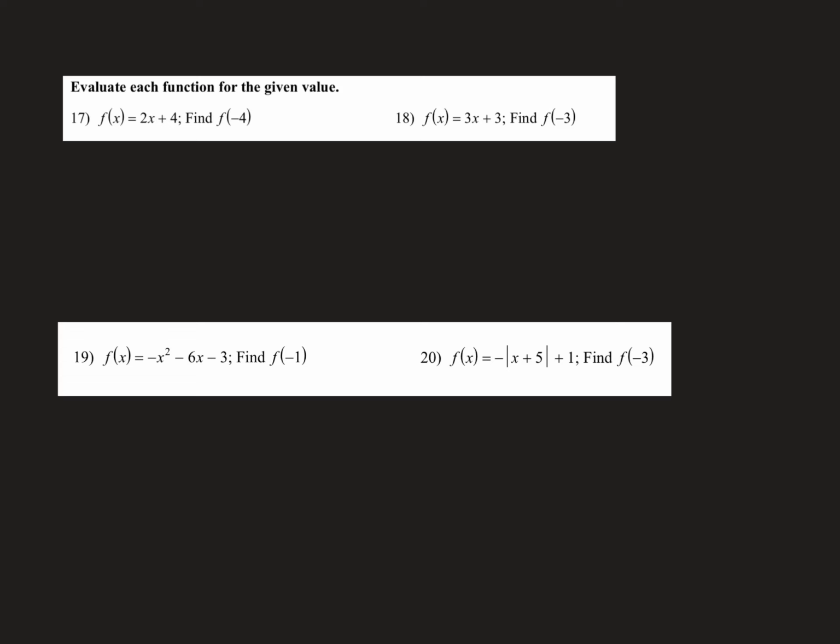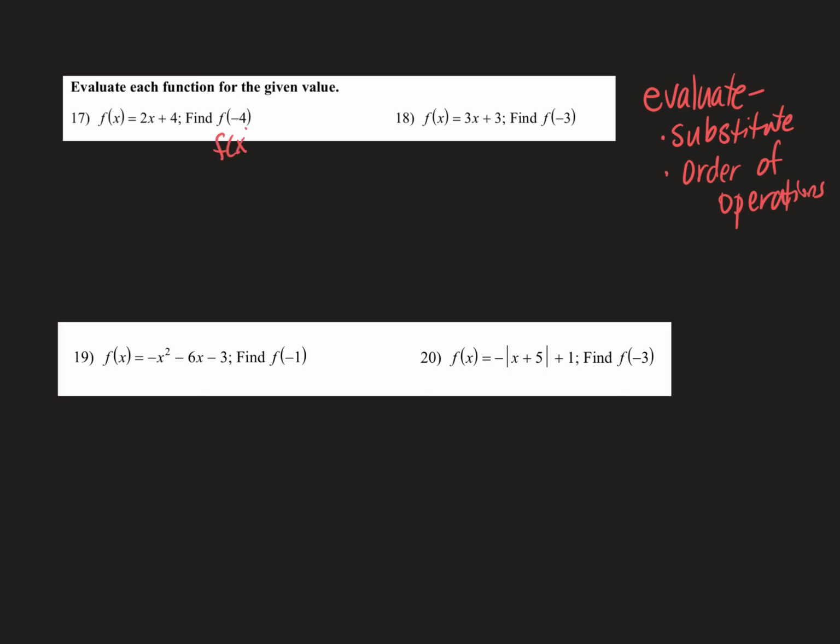For 17, it says evaluate each function. When you see the word evaluate, usually you're going to substitute. If you don't have to substitute, that's great. And then you're going to use order of operations. Now in this case, this is function notation.